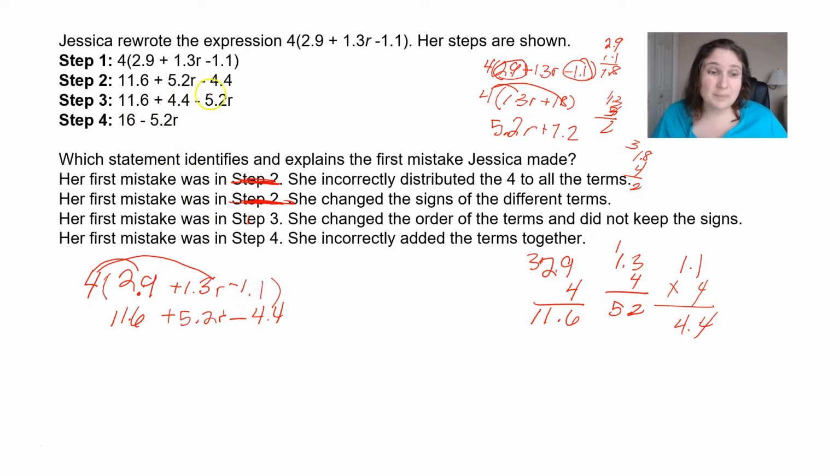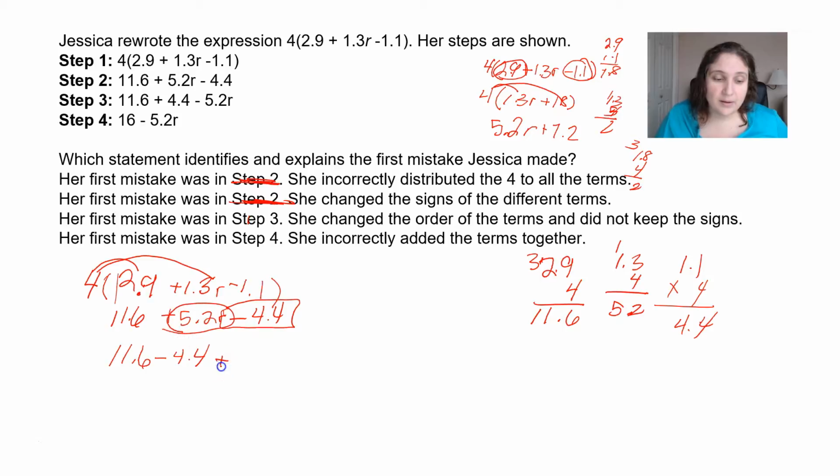Okay, so here it looks like she used the commutative property and switched the order. So if we're going to follow her idea, it should be 11.6, this whole thing here gets moved over, and this whole thing here gets moved. So she's basically grouping the numbers.